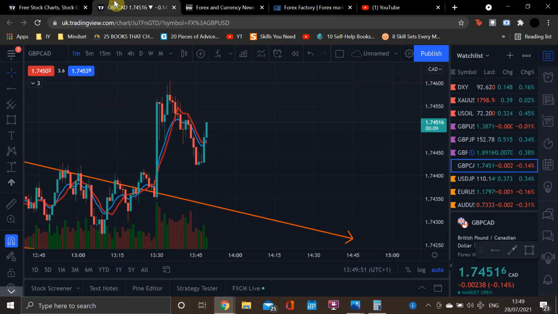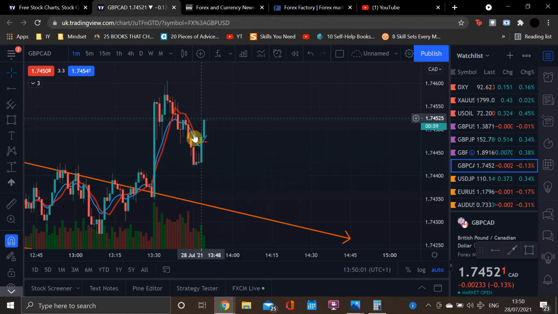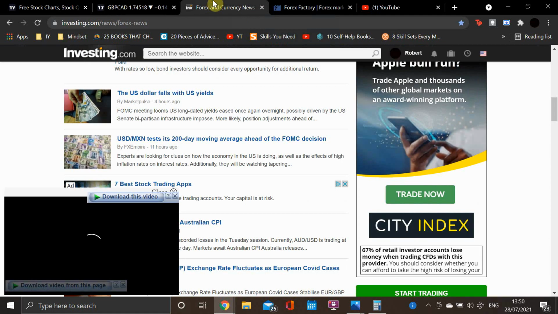Anyway, I don't need to read CAD. I do want to buy into it, but I don't know if the news is good or bad for CAD. If it's bad for CAD, then that would mean GBP would shoot up. That's what it would mean.